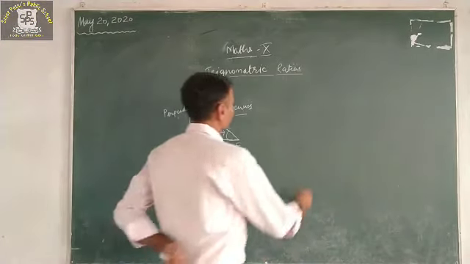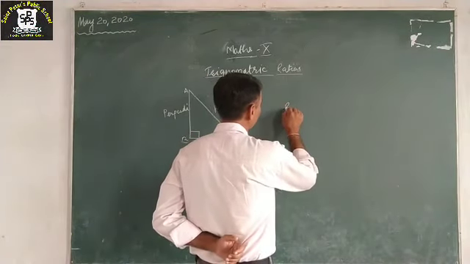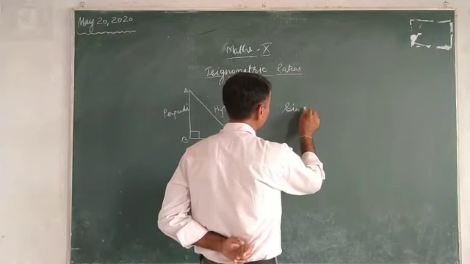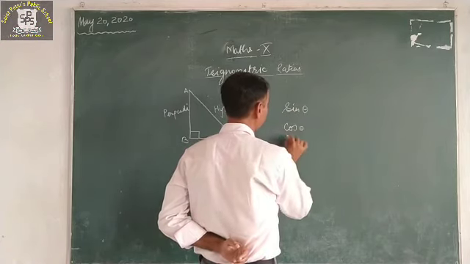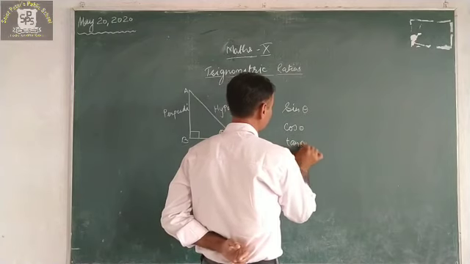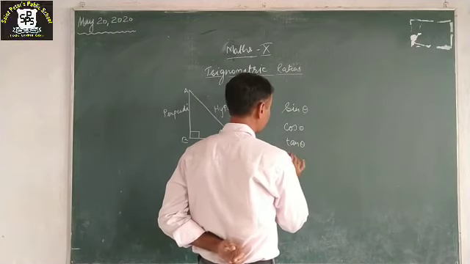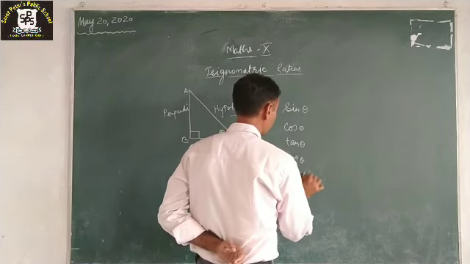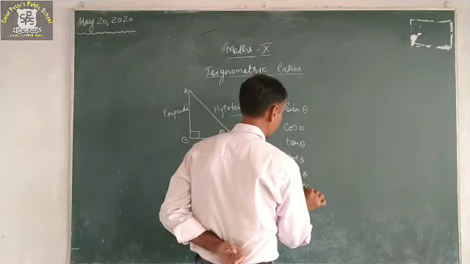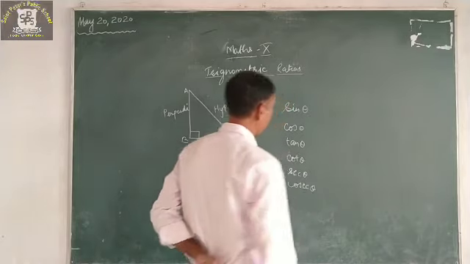Regarding this, we have studied the trigonometric ratios, and these were sine theta, cos theta, tan theta, cot theta, sec theta, and the final one was cosec theta.